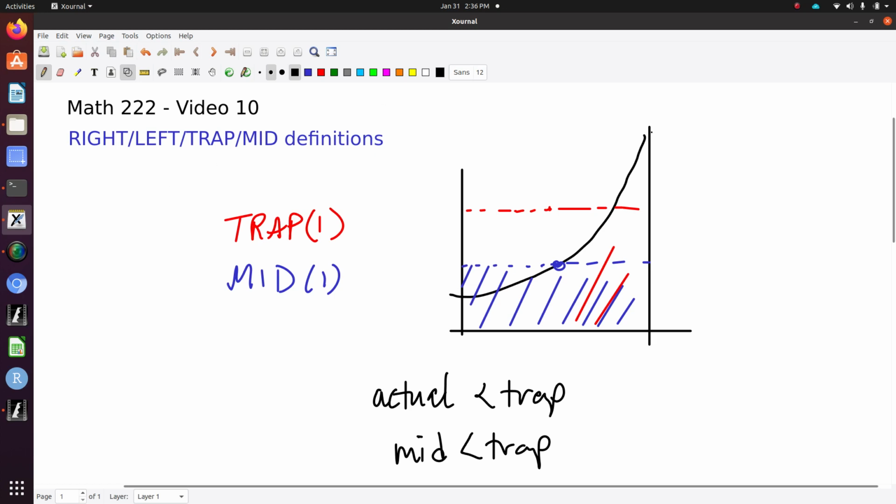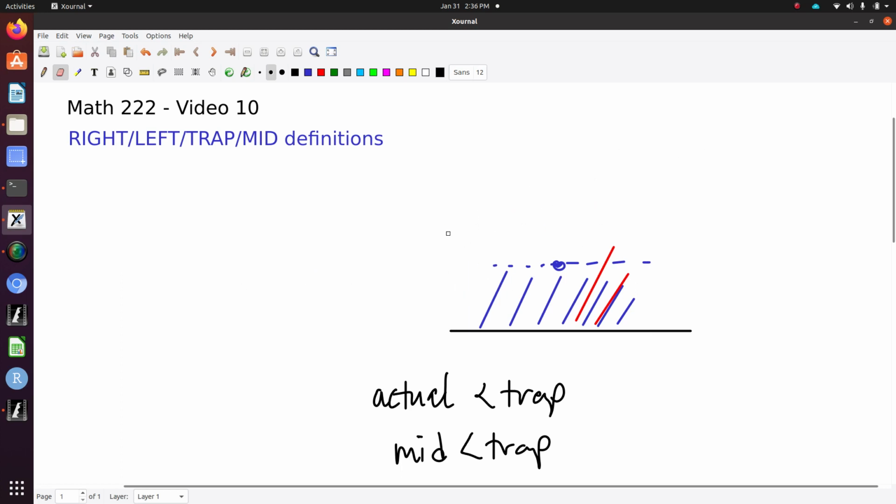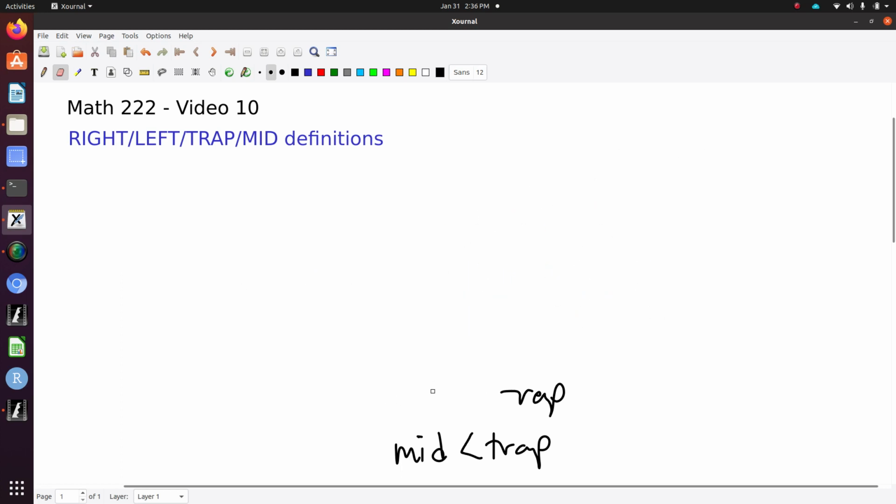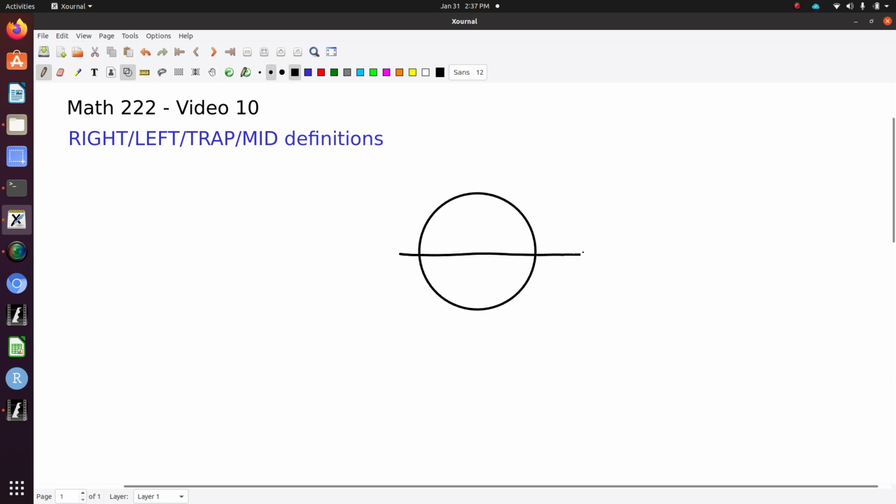You want to zoom in on one piece. If the question says you have a function that's like concave up and increasing, or concave down and increasing, or whatever, create a function that has those properties and just look at what happens to one of your regions. And again, I like to think of this in terms of a circle, right?